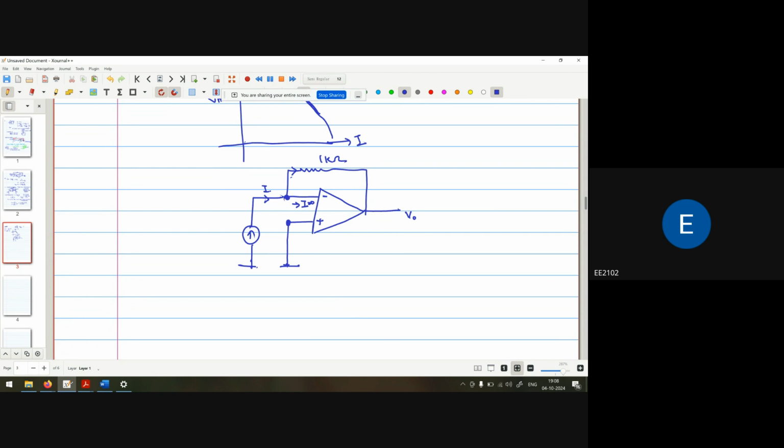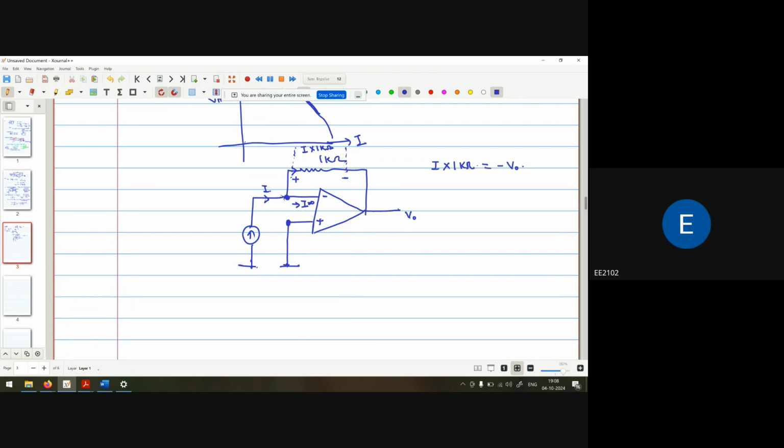The voltage drop across this one is I multiplied by 1 kilo ohm. And what is the direction of the voltage? This becomes positive, because current is entering this side and leaving this side. So I multiplied by 1 kilo ohm will be equal to minus V naught.